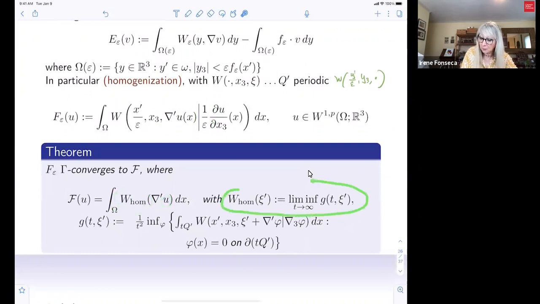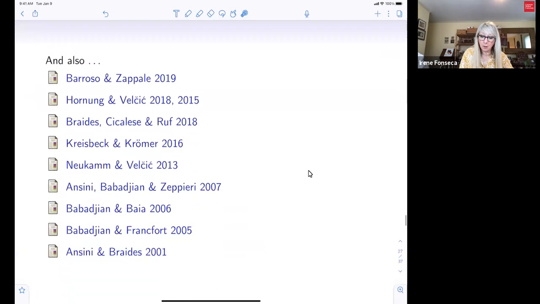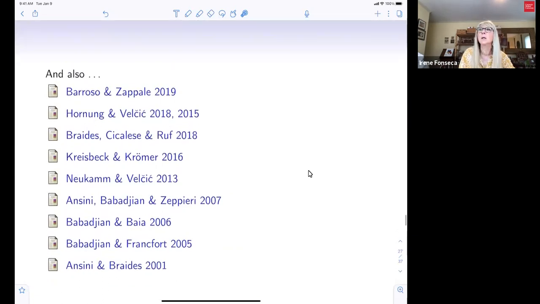It has a formula, it's a limit of a certain function G. And the function G, for those of you familiar with homogenization, is the usual type of form. You have bigger and bigger cells, and you average over the bigger cells with functions that are 0 on the lateral boundary. Again, in homogenization there is a huge literature, and I'm giving just some of those listed here.